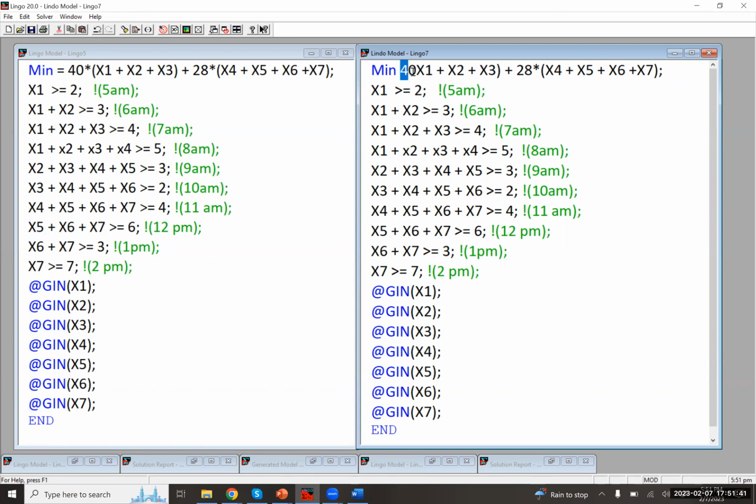And then put this objective coefficient. Apply. Okay. Likewise, take this out. And then we're gonna multiply 28 separately, right?